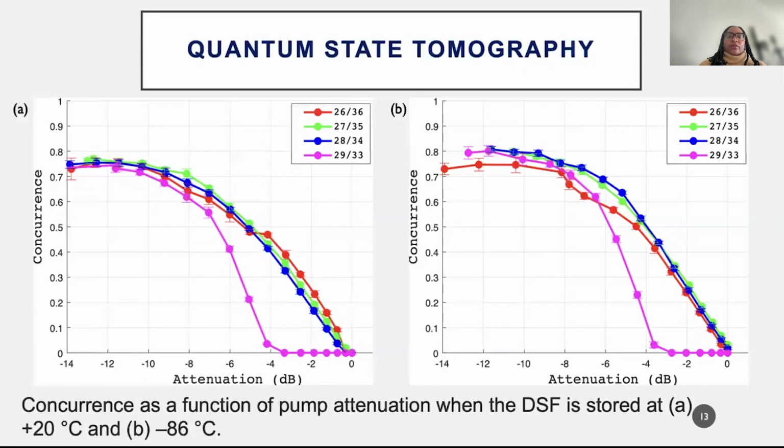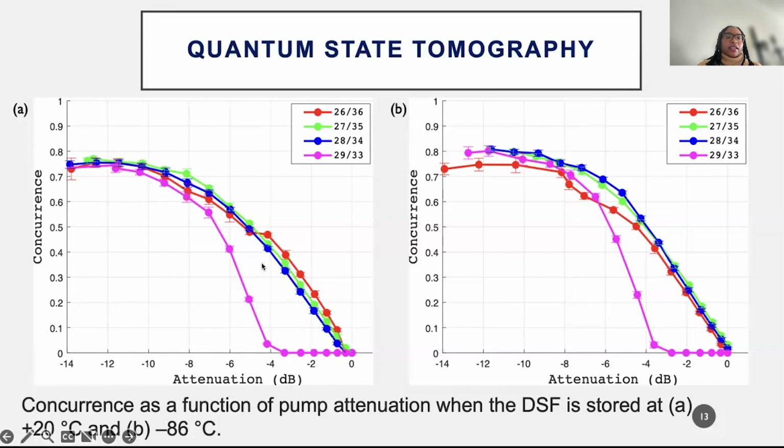Just a refresher, concurrence is an entanglement metric: 0 represents a separable state, and 1 represents a maximally entangled state. The concurrence is shown as a function of attenuation for each channel pair at 20 degrees Celsius for A and -86 degrees Celsius for B. You can see the decrease in concurrence due to the spectral broadening of the pump.